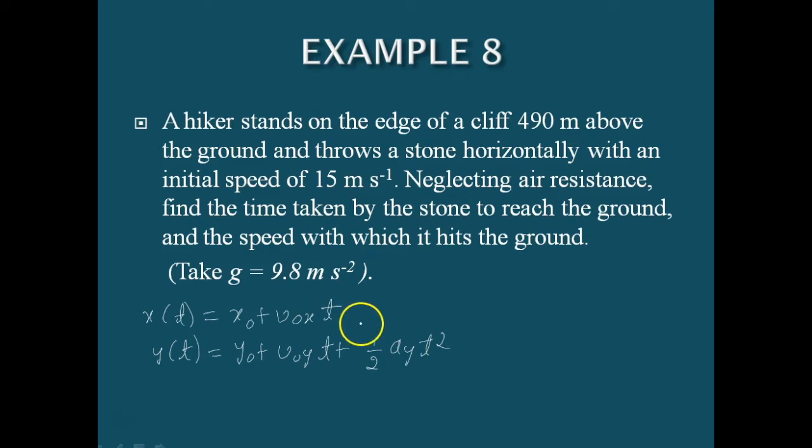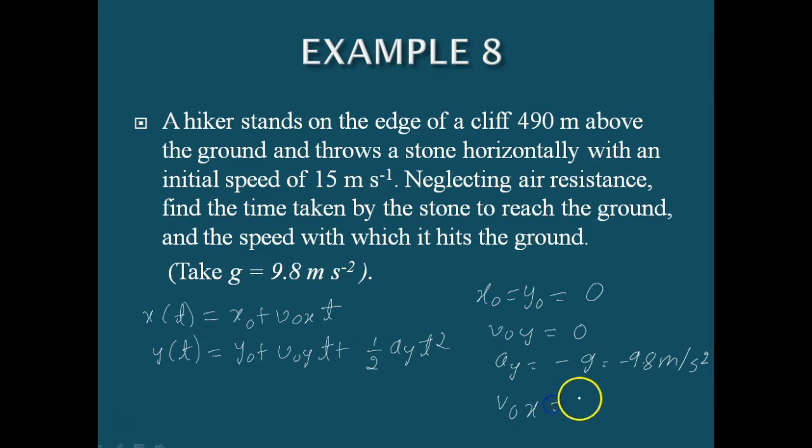So we know x naught is equal to y naught is equal to, in this particular case, initially x naught and y naught is 0 and v naught y is 0 and ay is minus g, that is minus 9.8 meter per second square, and v naught x is given as 15 meter per second.